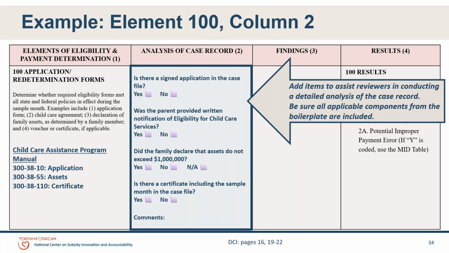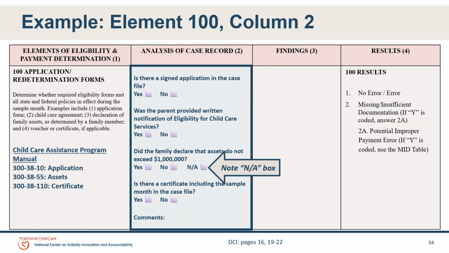Just a couple of things to note here. You can see that for the assets item, there's an NA box, since in this particular state, this item did not apply to all clients. So if you're going to be using yes, no boxes in your customizations, we encourage you to include an NA box if there is an item that does not apply to all scenarios.